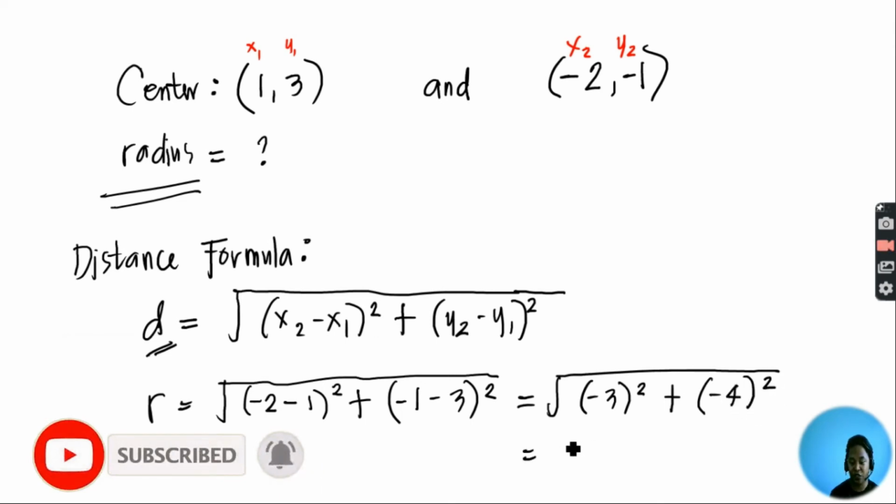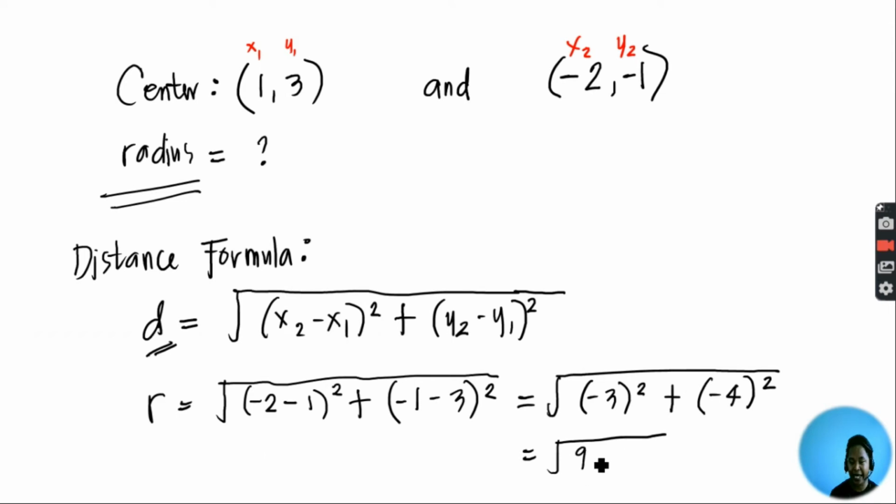Negative 3 squared is 9, and negative 4 squared is 16. So, the radius is equal to square root of 25, and this is 5. So, 5 po yung ating R. Yung radius po natin ay 5 units.